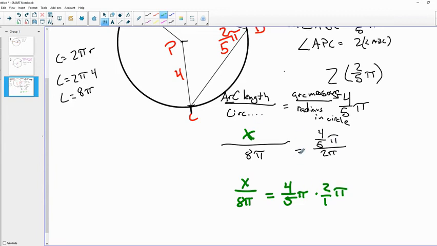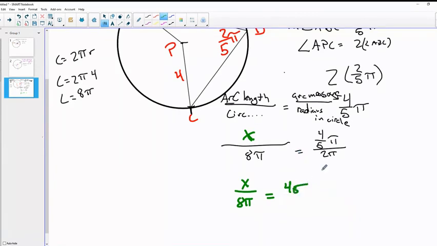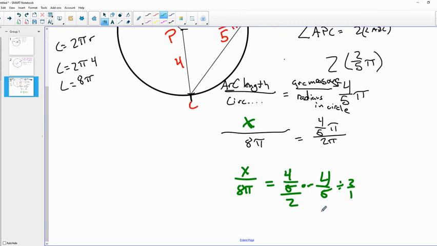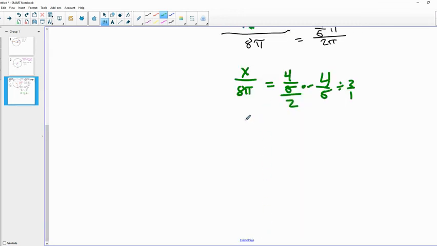Actually, let's go back here. These pi's will cancel out. 4/5 divided by 2/1 simplifies to 4/10. Let me extend the page. So x divided by 8 pi is going to equal 4/10.